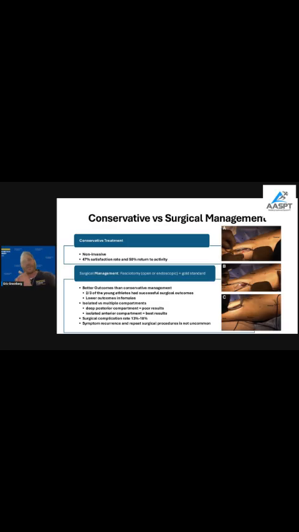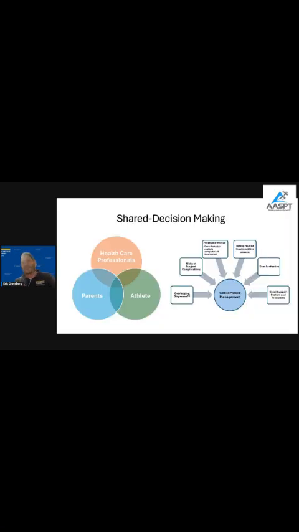So once again, we went back and forth and discussed the positives and negatives of both conservative and surgical options. This really goes into the shared decision-making model that we utilized with this patient, between the parents, the athlete, and the healthcare professionals together, and this team-based approach, really presenting the evidence, and the risks and benefits associated with each of them.